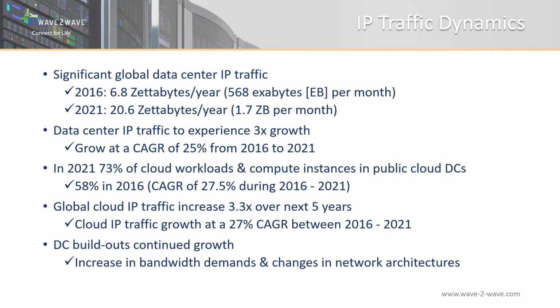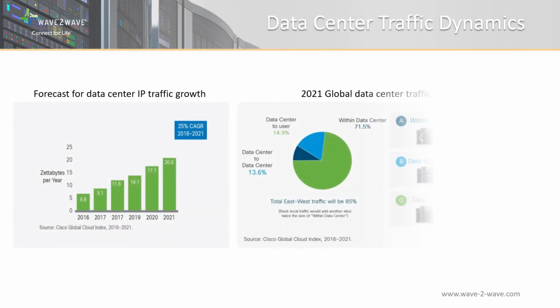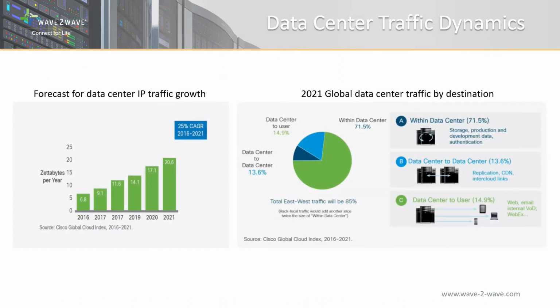Turning our attention to data center traffic dynamics, traffic residing within the data center accounts for 75.4% of data center traffic in 2016 and will be 71.5% by 2021. Note, this does not include rack local traffic, which is traffic that remains within a given server rack.